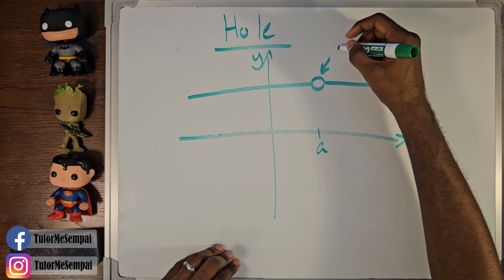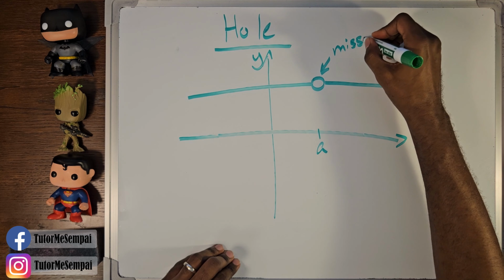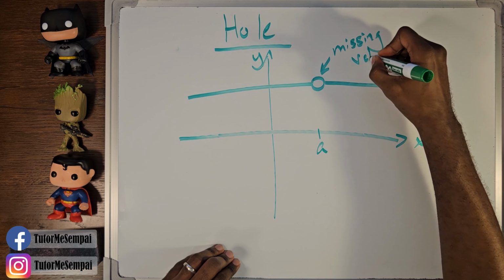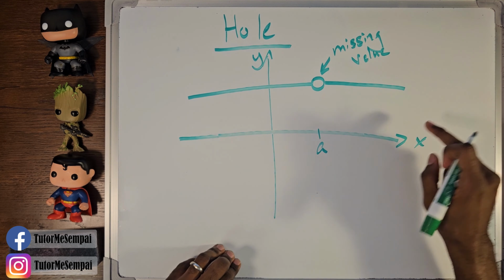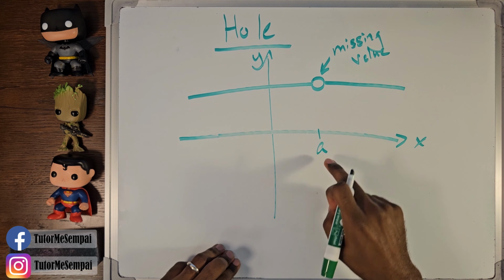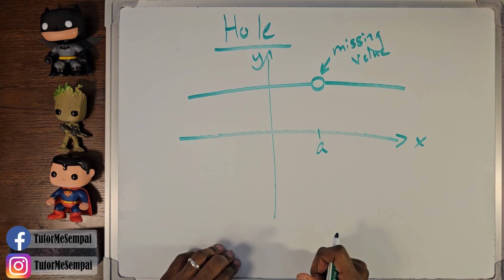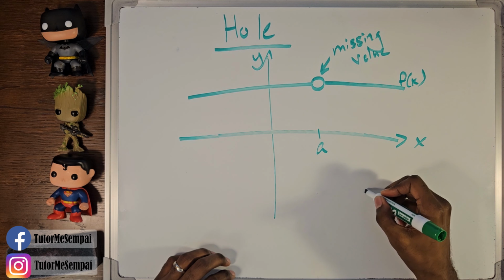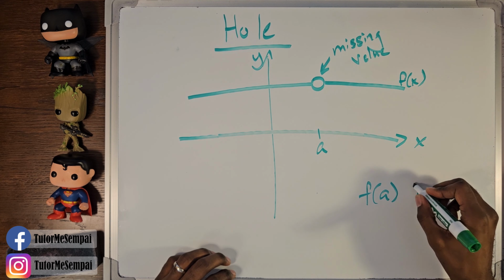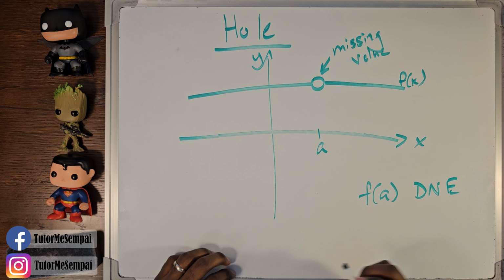So we're going to say this is a missing value, hence the hole discontinuity. Everything else exists, but this hole here at a, we don't know what that is. That lets us know that if this is supposed to be f of x, f of a does not exist.